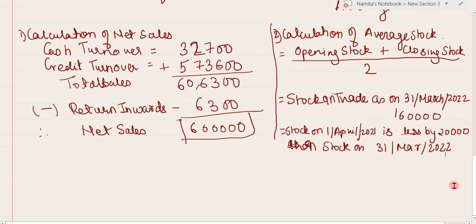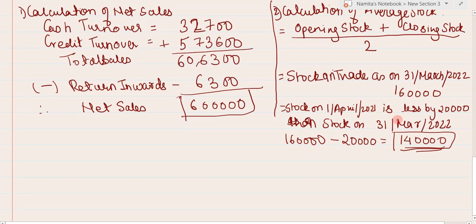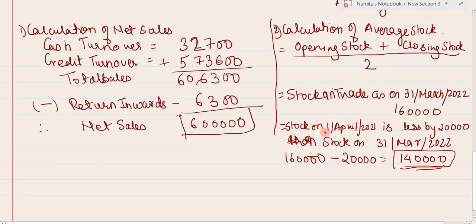That means 1,60,000 minus 20,000 is equal to 1,40,000. So this is our opening stock. Now put the values as per the formula, opening stock plus closing stock divided by 2.